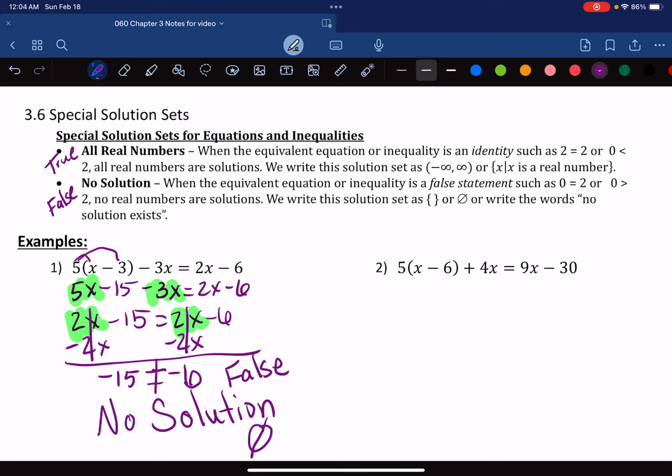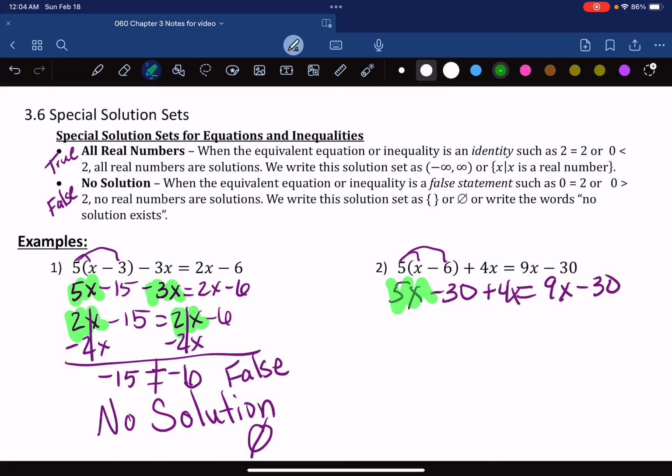Let's look at the next one. Very similar steps because these two equations look very similar, essentially just different numbers. So we're going to distribute and then we'll combine like terms because we have these two variables on the same side.